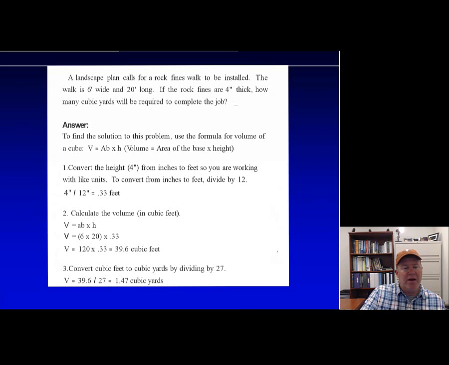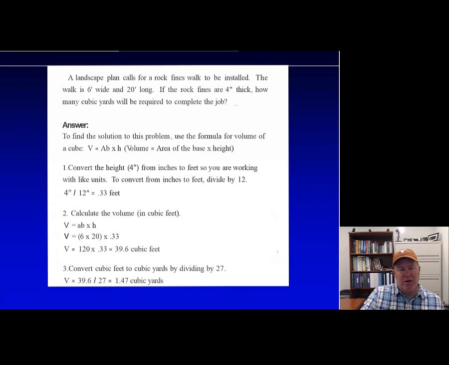So here we have, again, 6 times 20 times 0.33, which is 120 times 0.33, and gives us 39.6 cubic feet. Then to convert it to cubic yards, we divide by 27. So 39.6 divided by 27 is equivalent to 1.47 cubic yards.